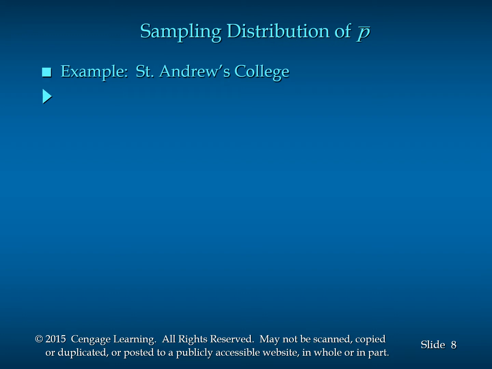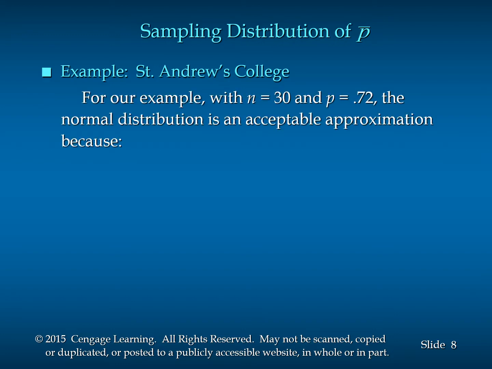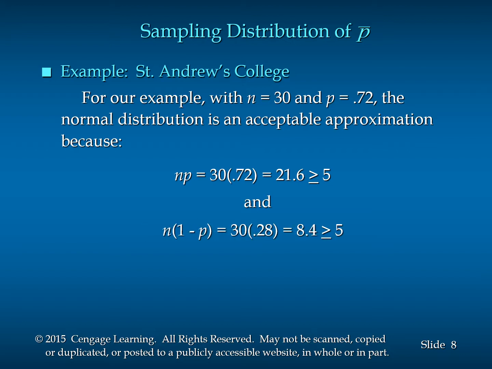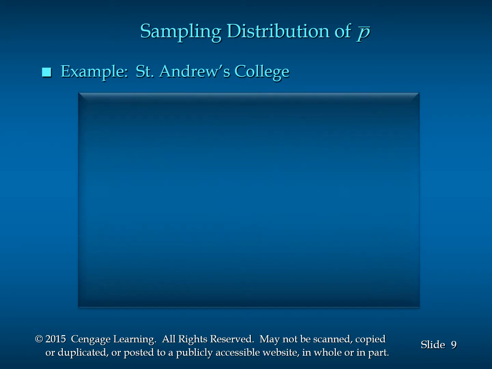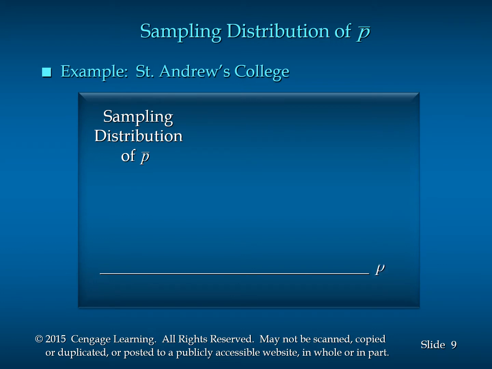Testing this example, we see that given N and P, we satisfy the rule that our sampling distribution of the proportion will be a normal distribution. And the distribution will have a mean equal to the population proportion of 0.72.